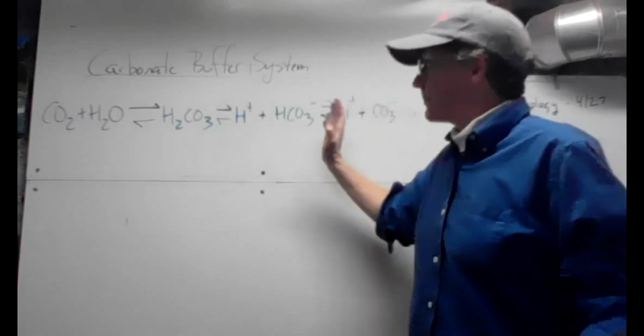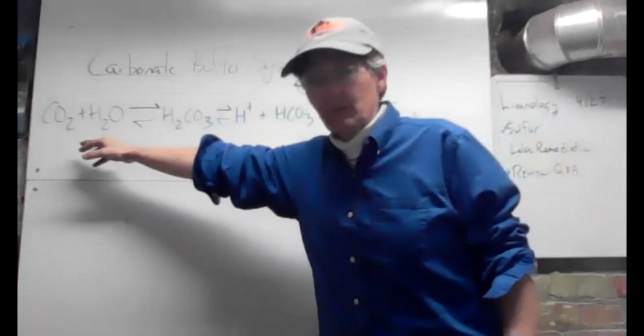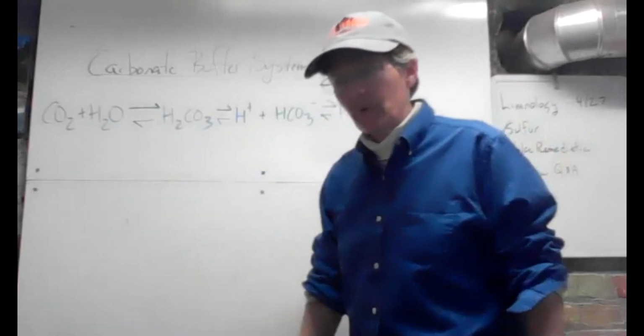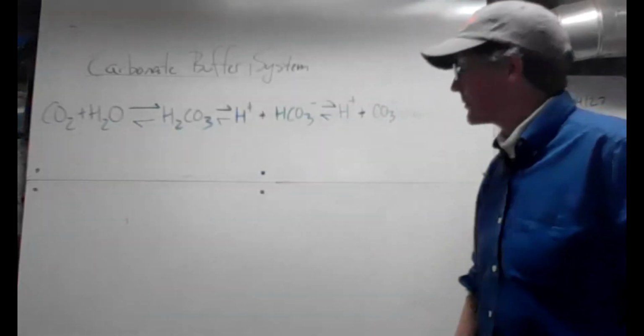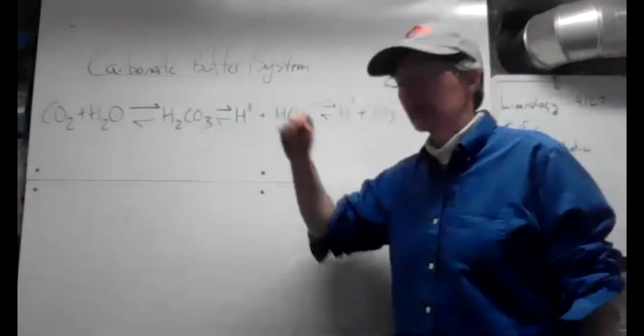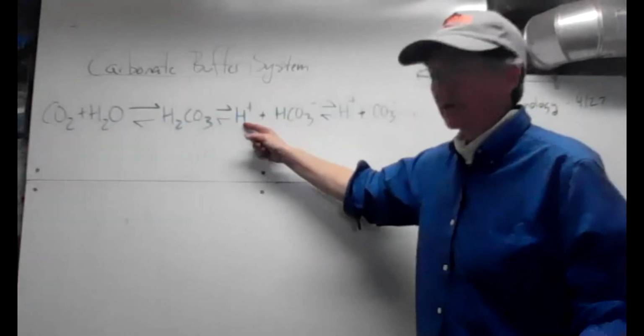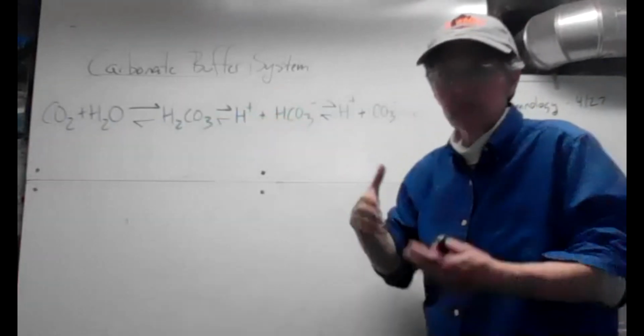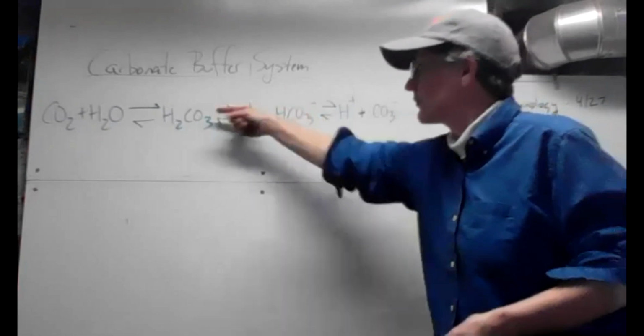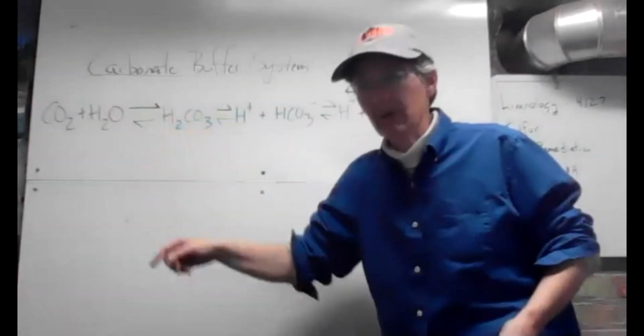So if you shift it all the way over here by pulling the CO2 out of the water, what you end up doing is pulling a whole lot of protons out of the water, right? Because you're pulling all these reactions going that way.